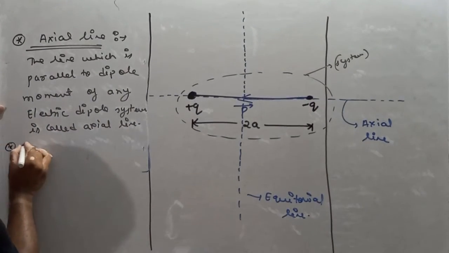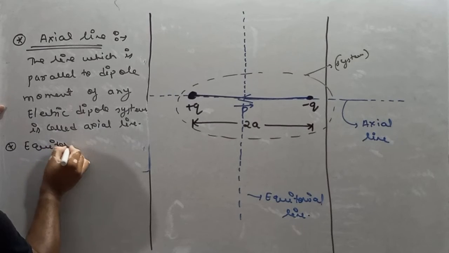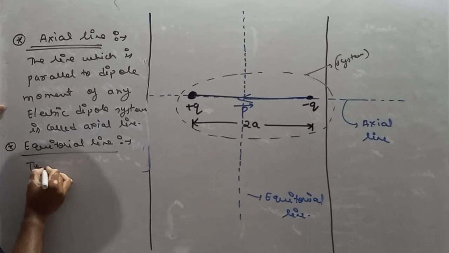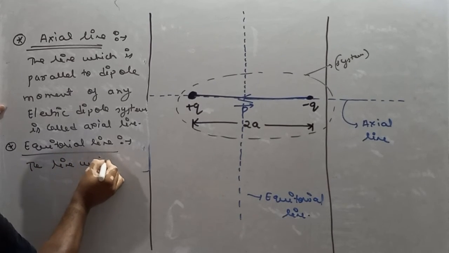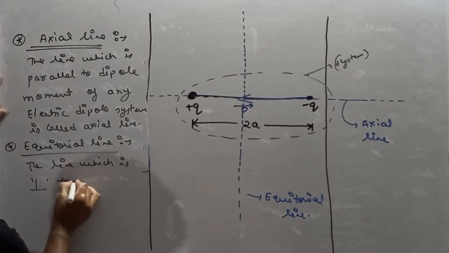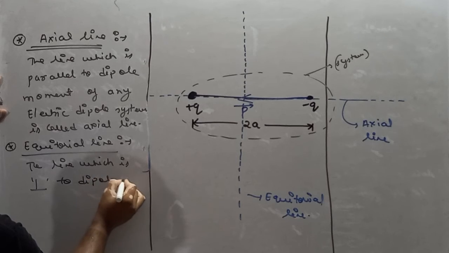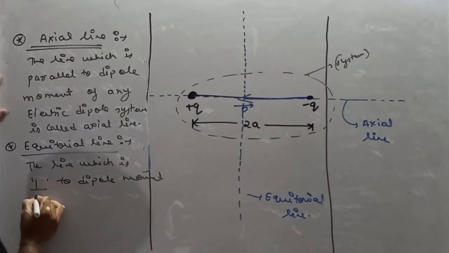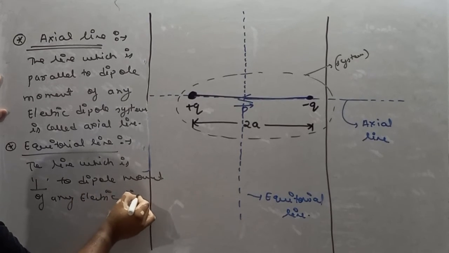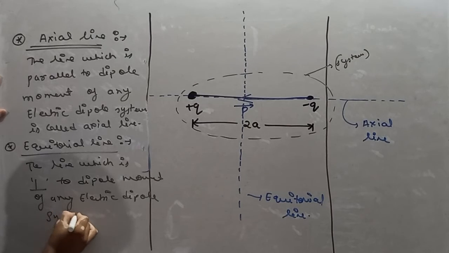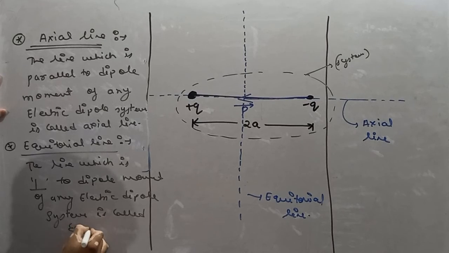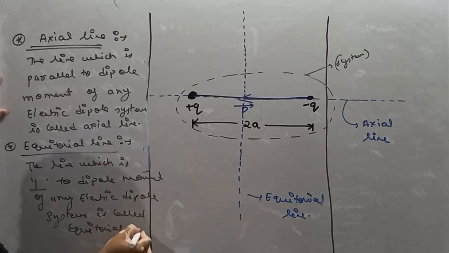Similarly, the equatorial line. So what actually is the equatorial line? The line which is perpendicular to the dipole moment of any electric dipole system is called the equatorial line.